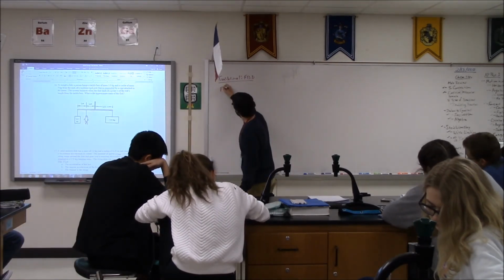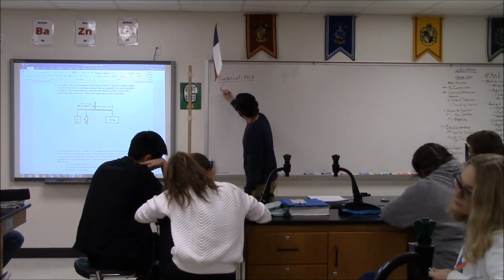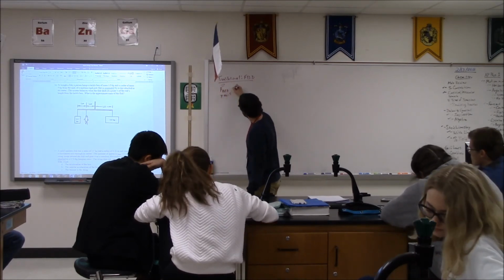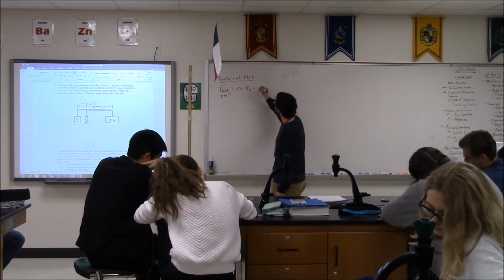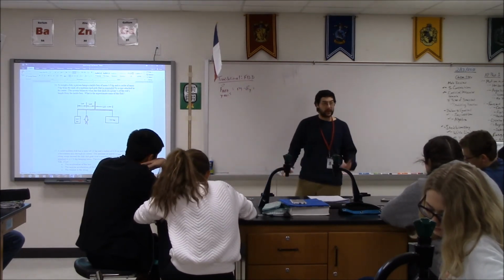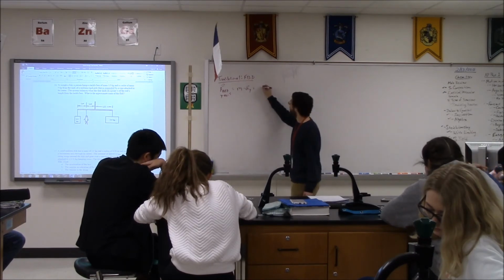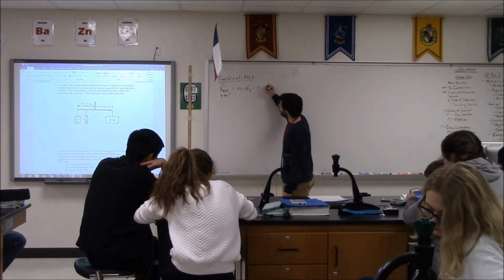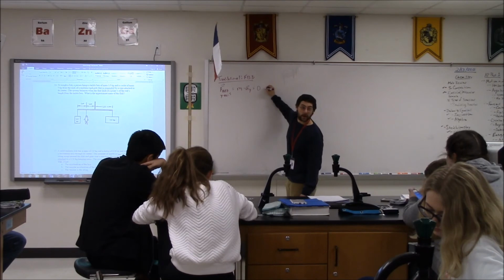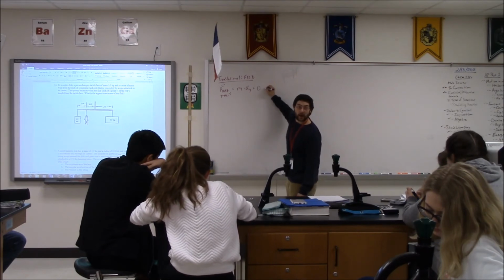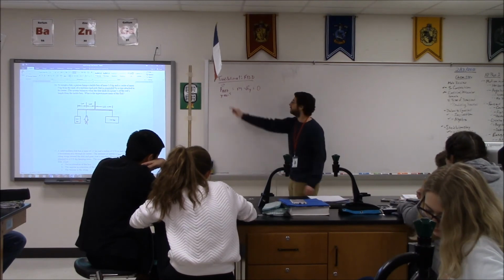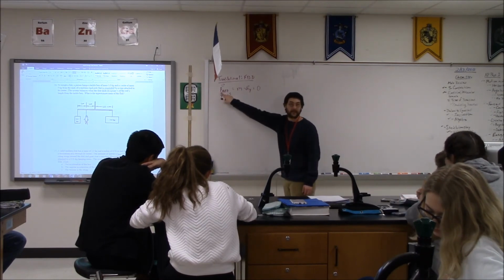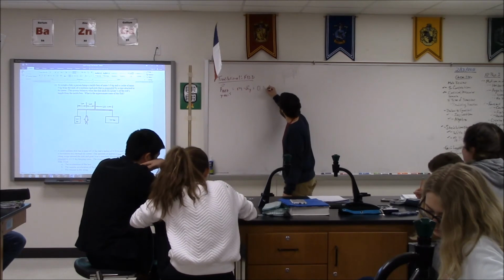Okay, so that means F net in the y-axis is equal to mass times the acceleration in the y-axis. And since this is in equilibrium, what is that? 0. Force, tension, Newtons, thank you.